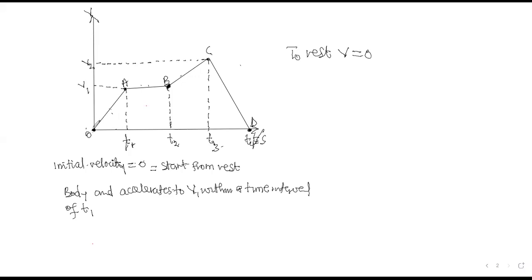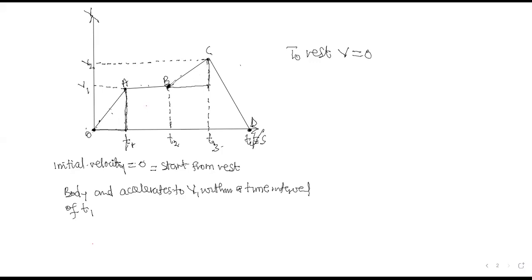We can calculate for the acceleration from O to A. And don't forget, the slope of a velocity time graph is equal to the acceleration. So if we find the slope of OA, it gives us the uniform acceleration I talked about, from O to A. When you find the slope of BC, you also would have the acceleration of BC.